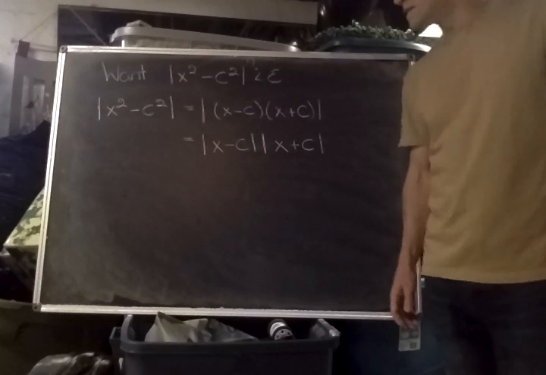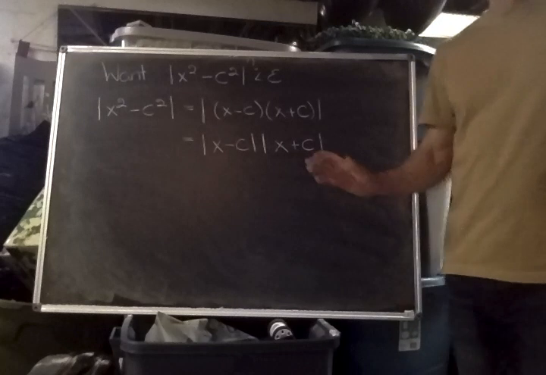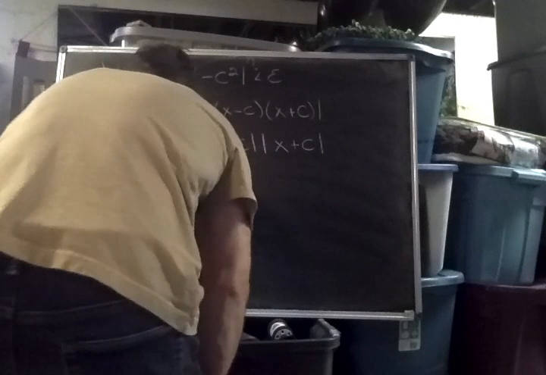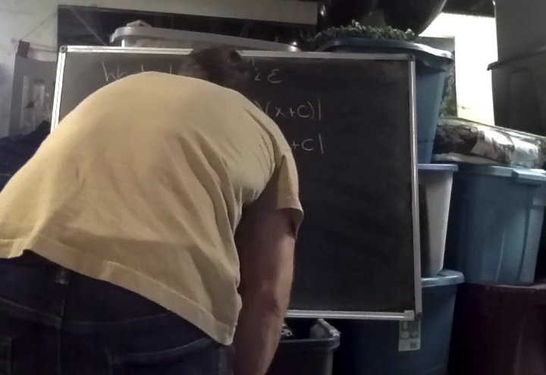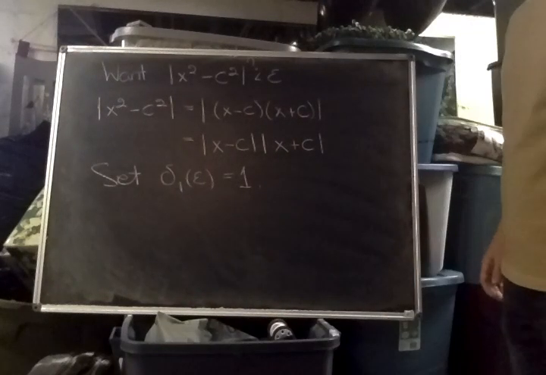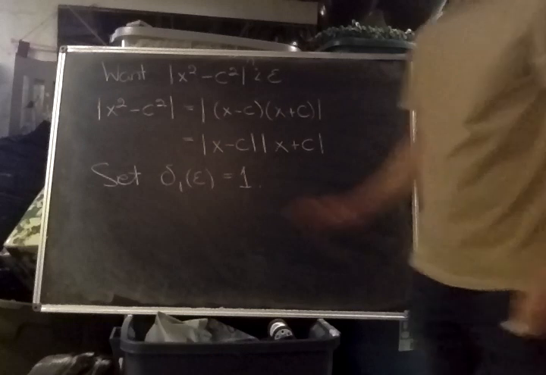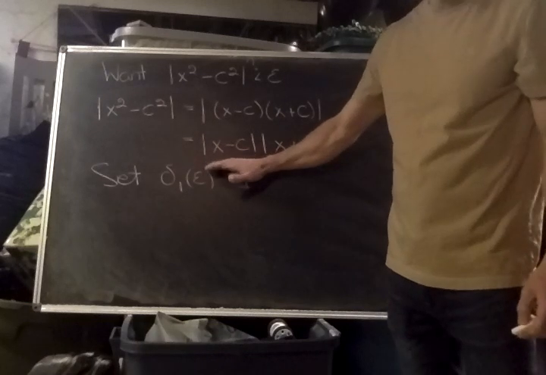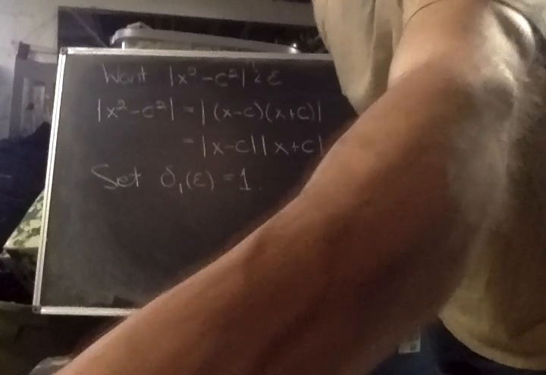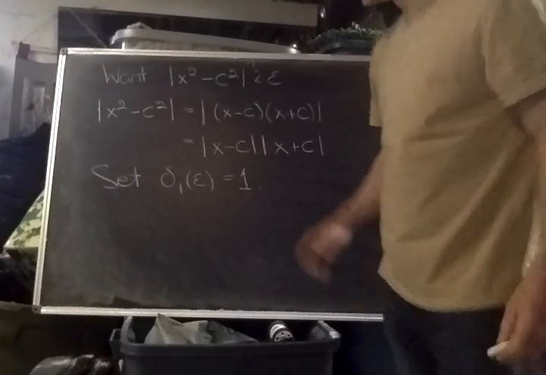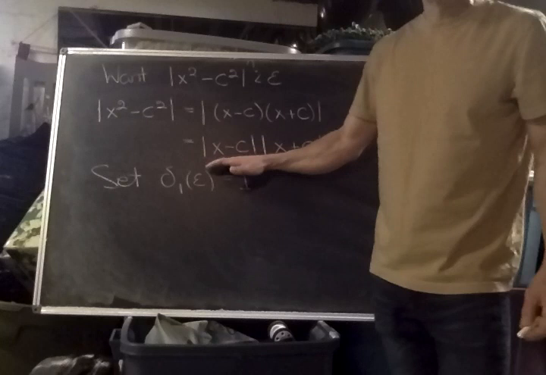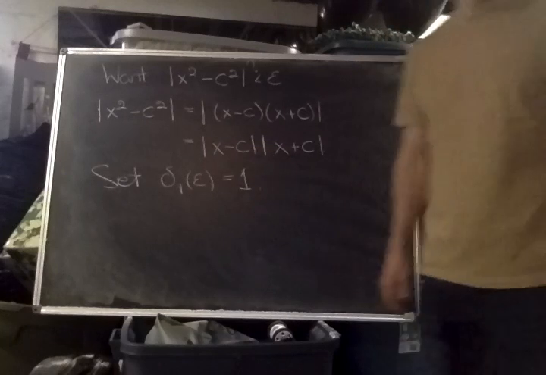And the idea is that by setting something like, let's go ahead and do it. So let's set delta 1 of epsilon to be equal to 1. In other words, let's insist that the absolute value of x minus c be strictly less than 1.